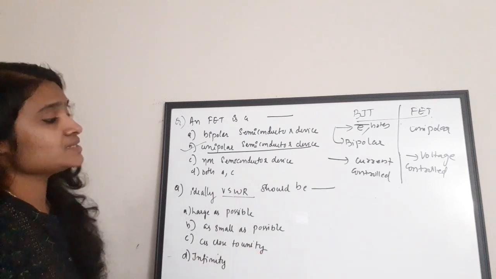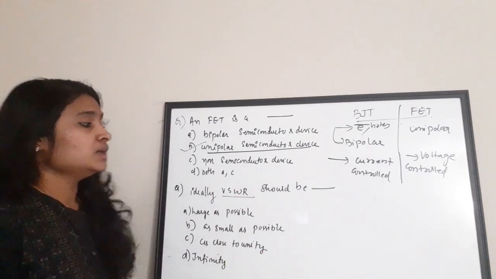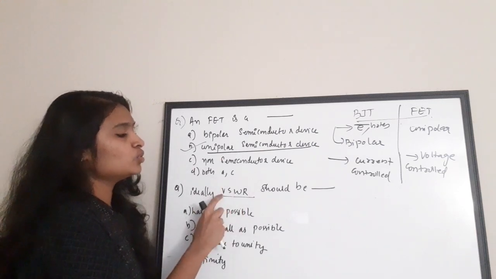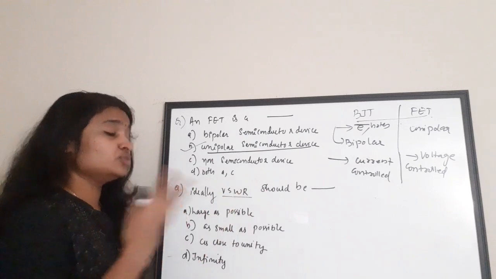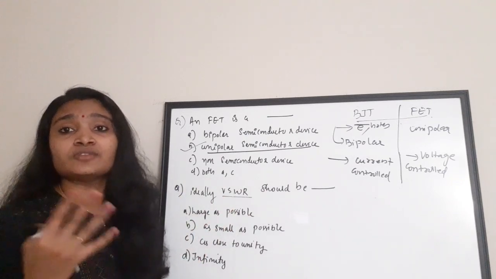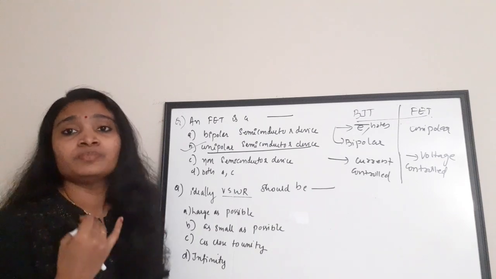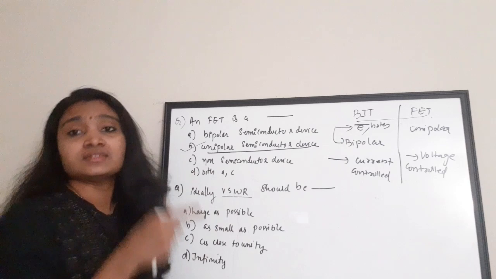So this VSWR should ideally be equal to 1. One thing is clear: if you know about VSWR, it is created due to the reflection of the wave back to the transmitter. So you should know the basics of VSWR to answer this question.